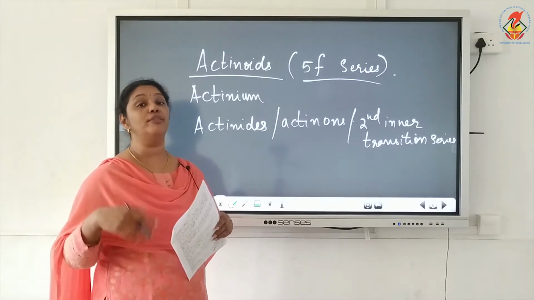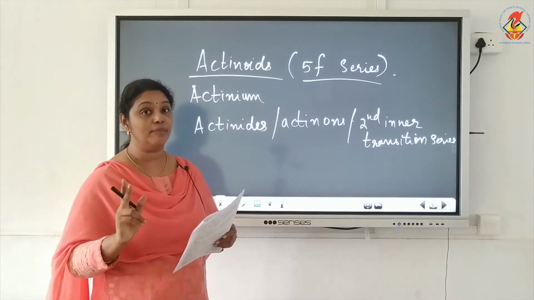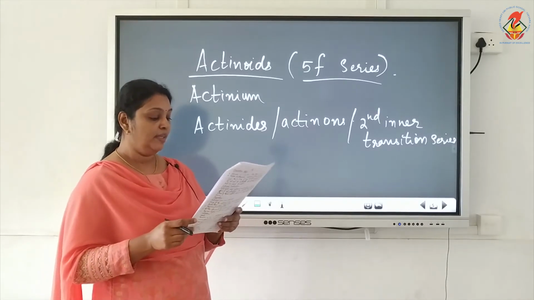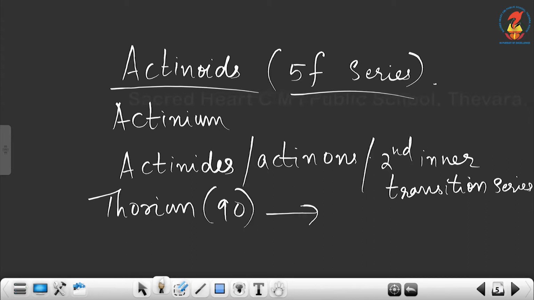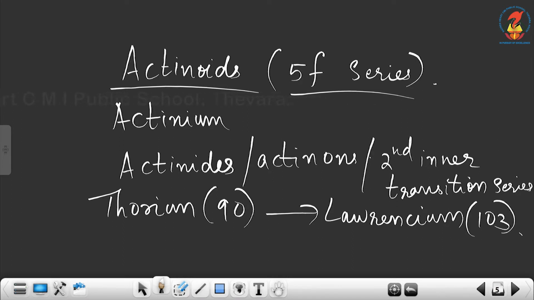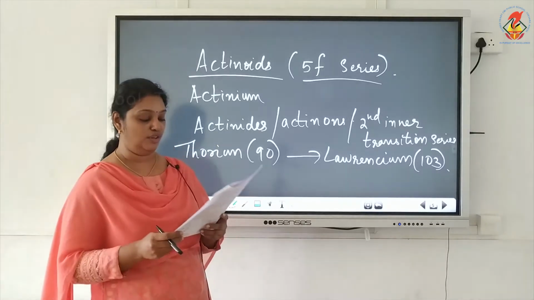Actinium followed by 14 elements. The first element of actinoids is thorium with atomic number 90, and the last element is lawrencium with atomic number 103. This is the first and last element of actinoids.